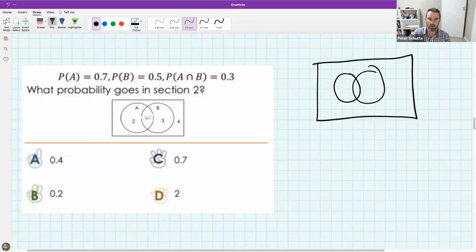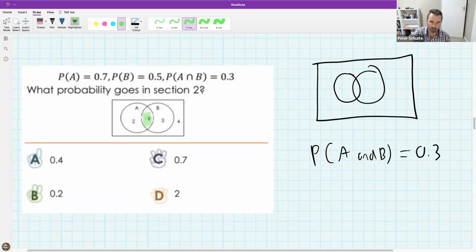And so what this is telling me at the moment is the probability of A and B occurring is 0.3. So that's what this little region here refers to. Now, if your Venn diagram is like that, then when you add up all the probabilities, what you will find is that they sum up to 1, because 1 is 100% chance.